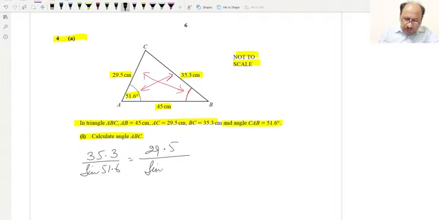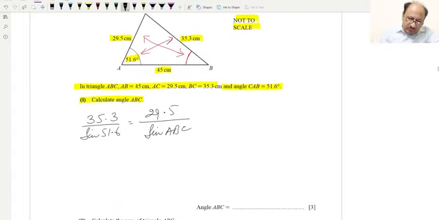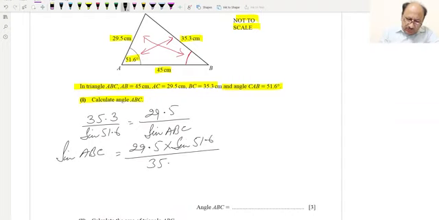So we'll take sine of ABC. Now we can cross multiply, or make sine ABC the subject, and this will be equal to 29.5 into sine of 51.6 divided by 35.3.